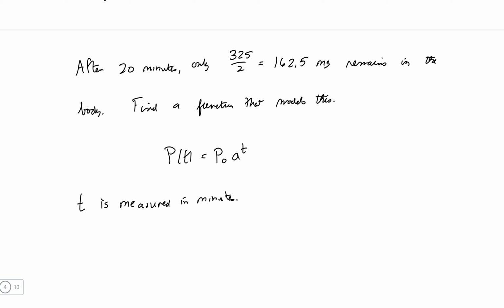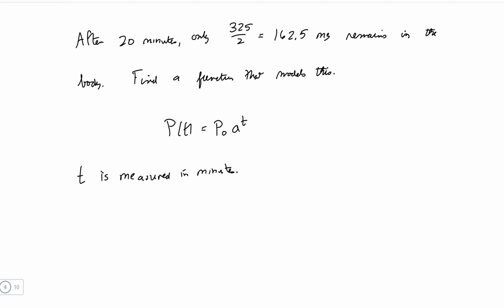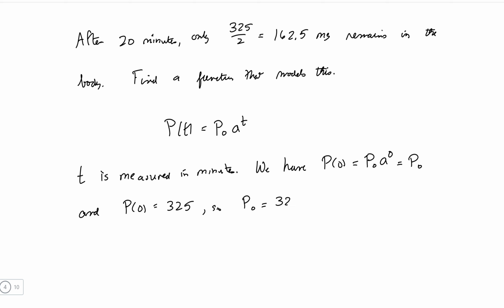And then you'd say the half-life is 1/3 of an hour if you wanted to do it that way. Doesn't really matter as long as you're consistent. So note that if I plug in 0, p of 0 is p0 a to the 0. Anything raised to the 0 power is 1, so this is just p0. And we also know the original amount is 325. So p0 is our 325 milligrams.